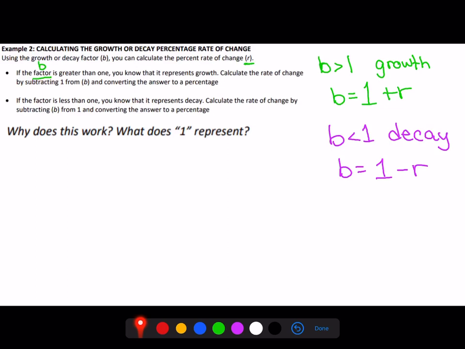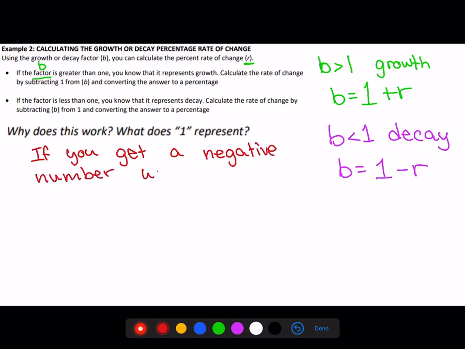Now, a big tip here. If you get a negative number, use the other equation. You should never get a negative number when you're dealing with these R values or these B values.